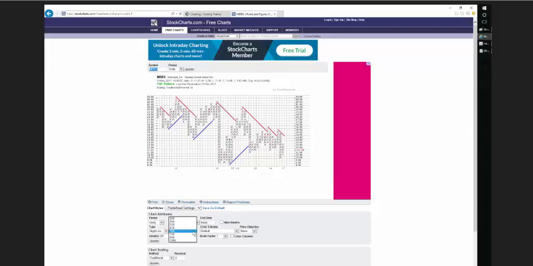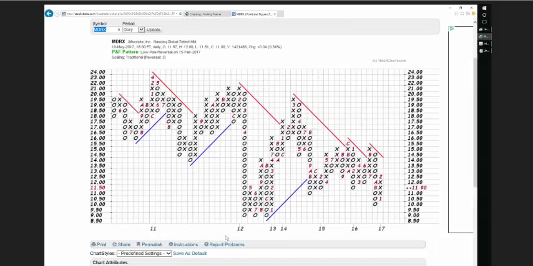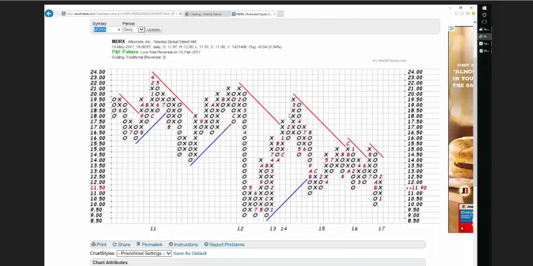Now that's gosh darn too small. So I'm going to go to 1,000 and zoom it in for you. Point and figure charts, instead of incrementing a bar every time there's a time period, increment a bar when there's a reversal.